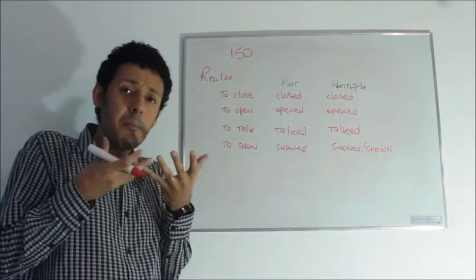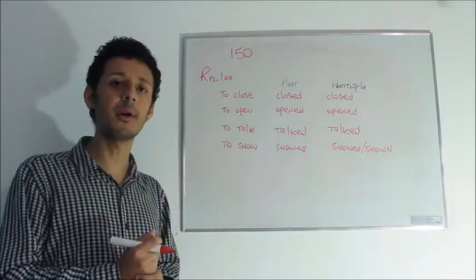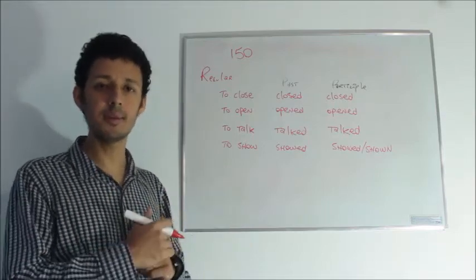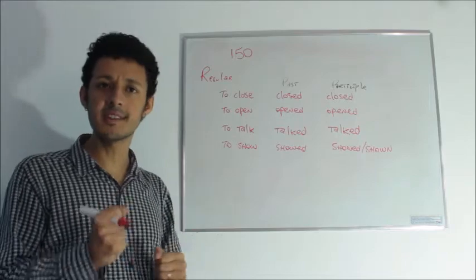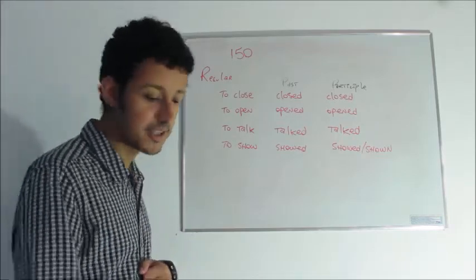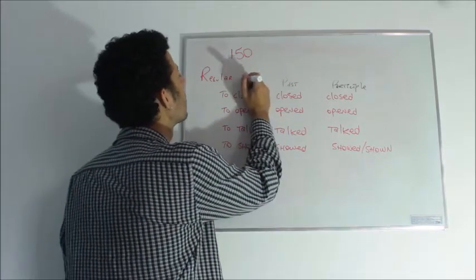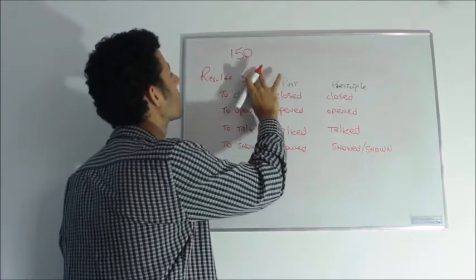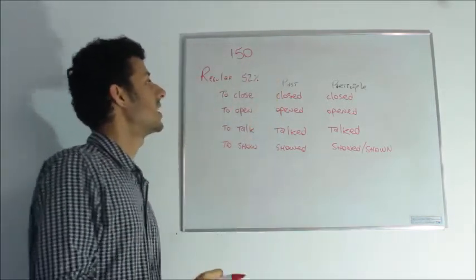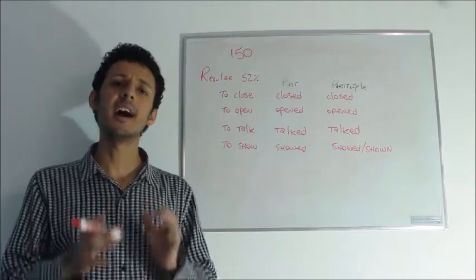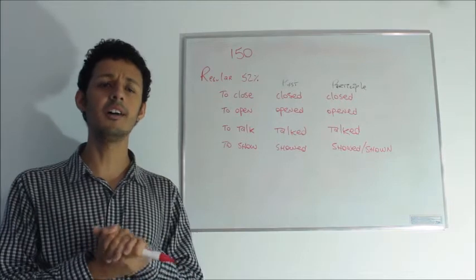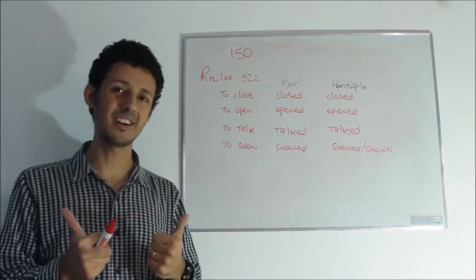But how many of the verbs are regular? Easy. We counted every verb in the first and second stages, and we found that basically 52% of the verbs are regular.